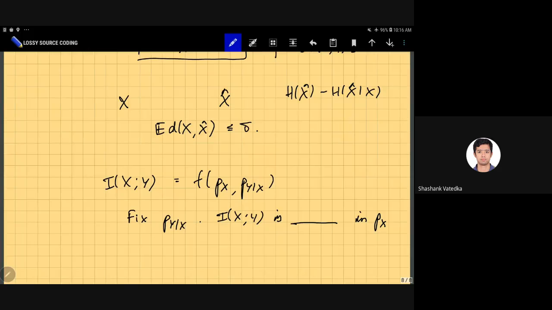So what kind of a function is the mutual information? Is it convex in p_X? Is it concave in p_X? Right, it is concave.